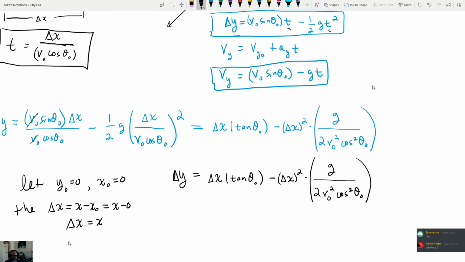And by the same argument, delta y would be equal to y. Does that make sense? If we just say y initial is 0, then change in y will be described as just y, right? Because y minus 0. Then the entire expression gets written as y equals x tan theta naught minus x squared.